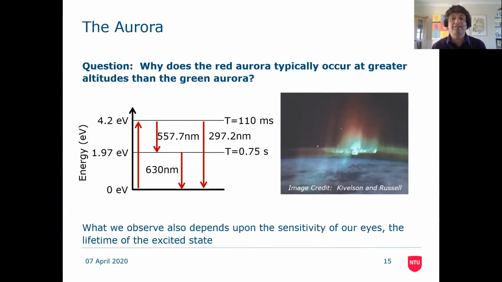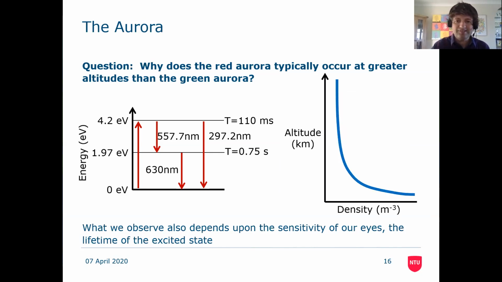But 110 milliseconds is not very long, so that's not likely to happen. The lifetime of this excited state is three quarters of a second, 0.75 seconds. That's much longer. So there's a greater chance that our excited oxygen atom will collide with something else and the energy will be lost as heat. So that's why we get less red northern lights than green northern lights. And we talked about that before.